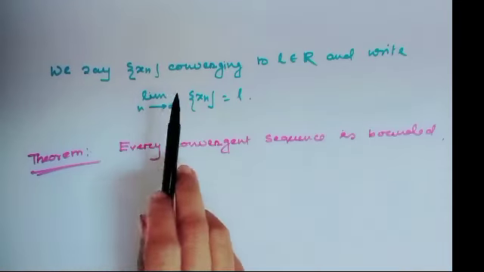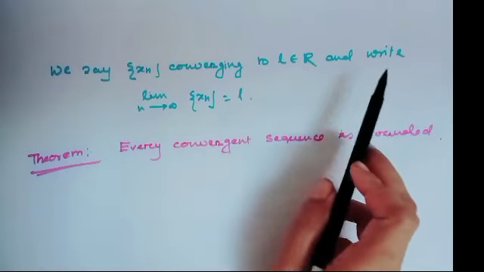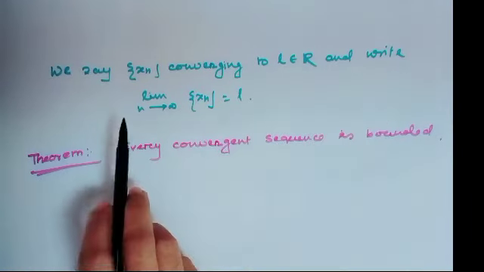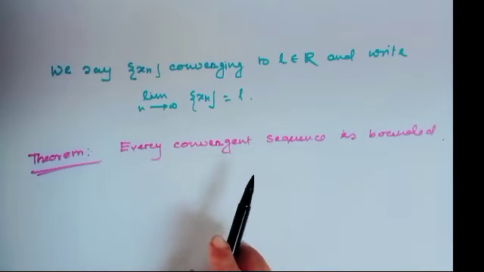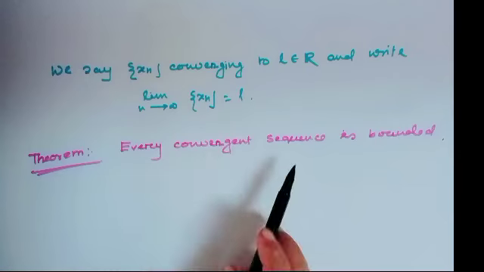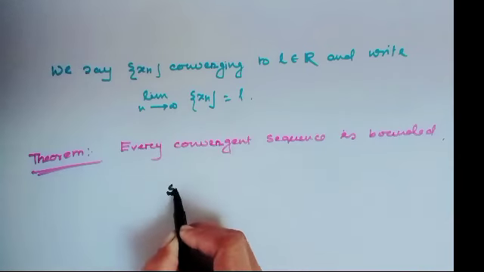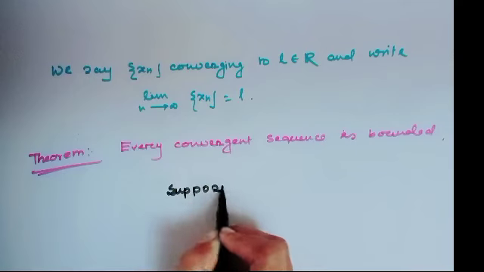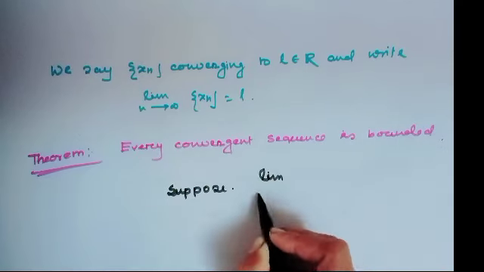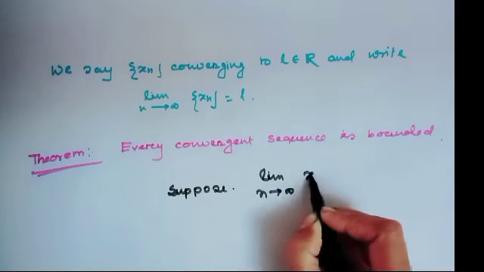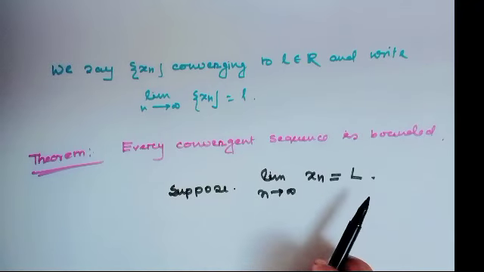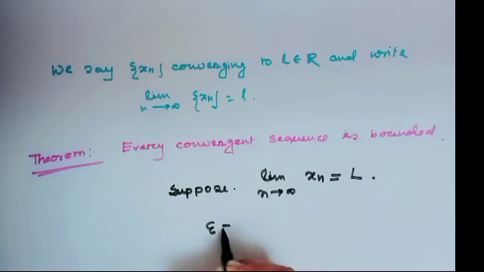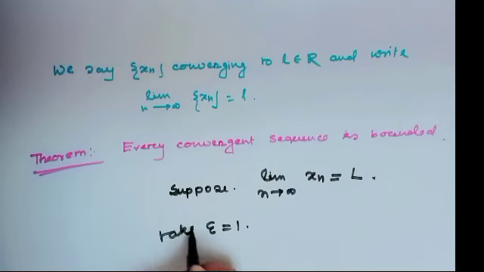We say xn converges to L belongs to R, then we can write limit n tends to infinity xn equal to L. Since the sequence is convergent, suppose limit n tends to infinity xn equal to L. Now by the definition of convergence, take epsilon equal to 1.